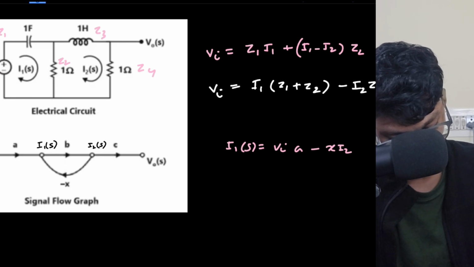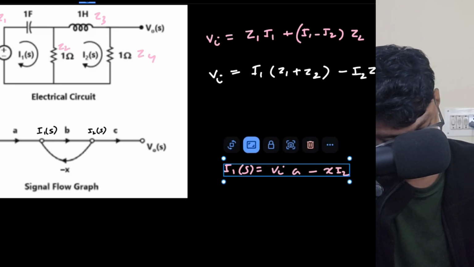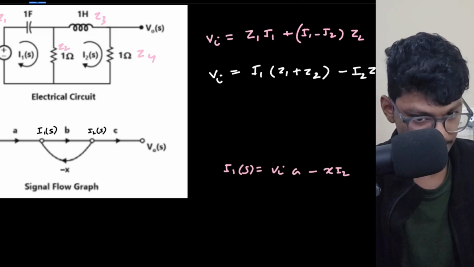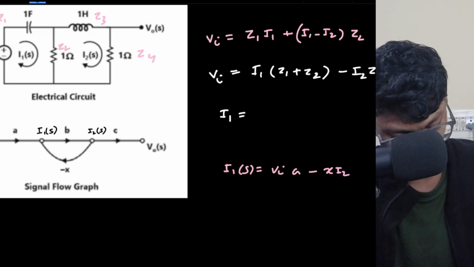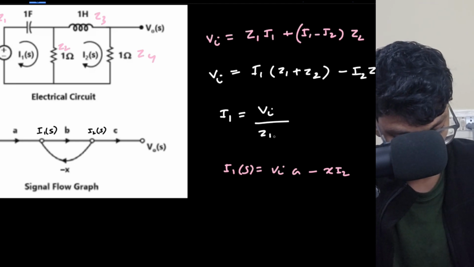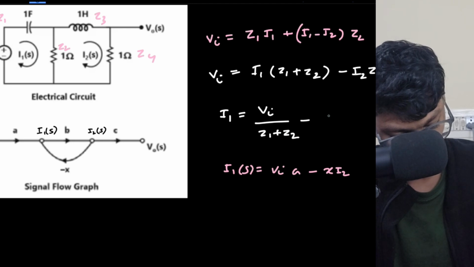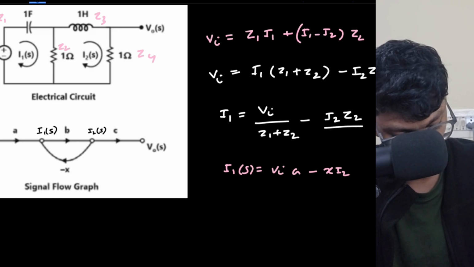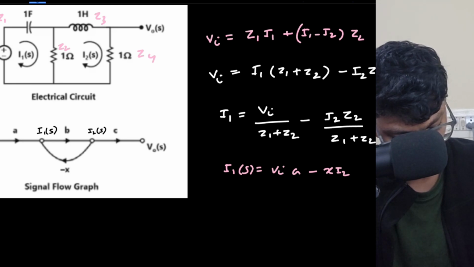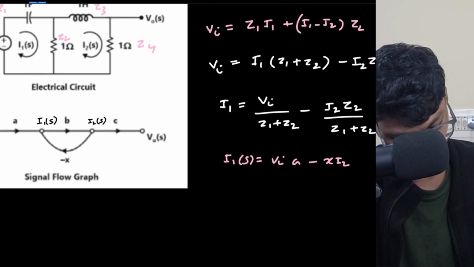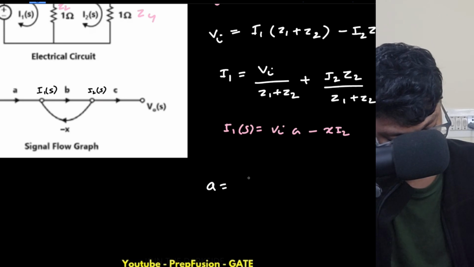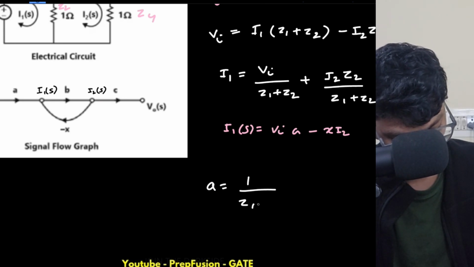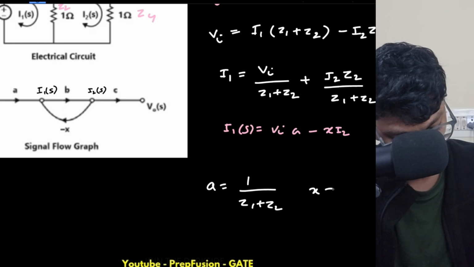This is my VI, so I can rewrite this like this, that my I1 is equal to VI by Z1 plus Z2 plus I2 divided by Z2 divided by Z1 plus Z2. Sorry, this will not be minus, this will be plus. So if I compare these equations, I get my A is equal to 1 by Z1 plus Z2, and my X is equal to minus Z2 divided by Z1 plus Z2.